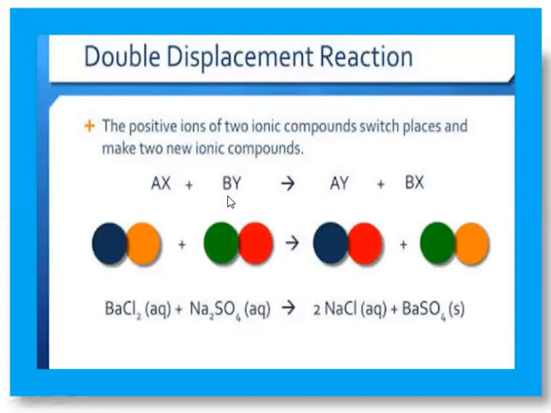Ionic compounds are the compounds formed of ions, where the cation is formed of metals and the anion is formed of nonmetals. The example shows that the aqueous solution of barium chloride and the aqueous solution of sodium sulfate react, and during the double displacement reaction, the two positive ions of the two ionic compounds switch their places.